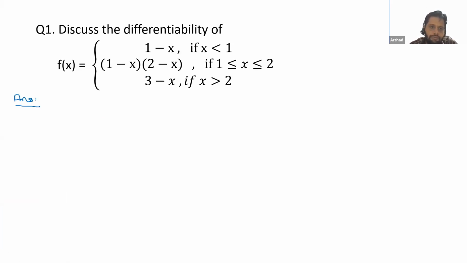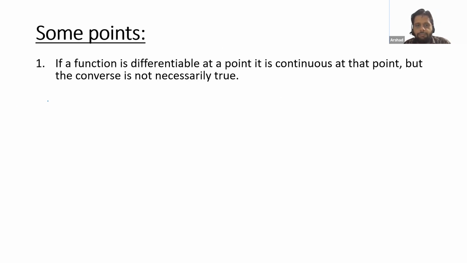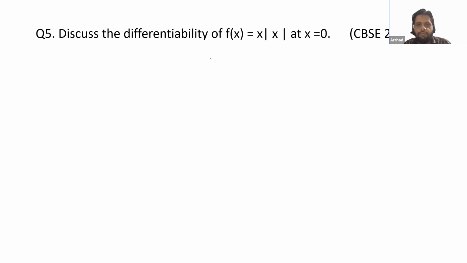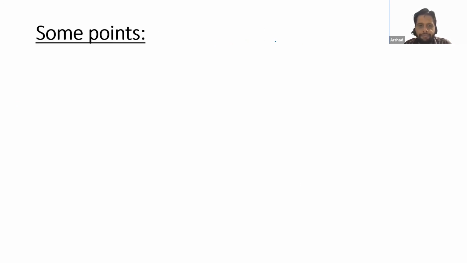There is the equation, but in the last question also, if I change the slide, for example, if you see this question, then what is given? Discuss the differentiability of this function at x is equal to 0.